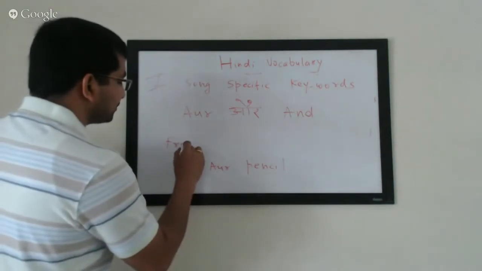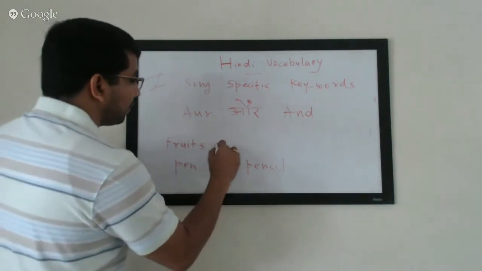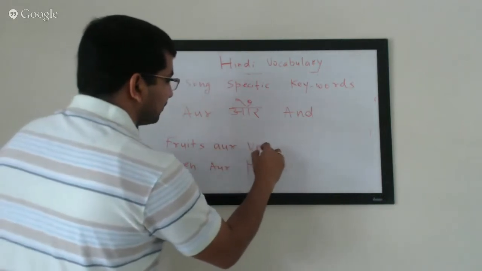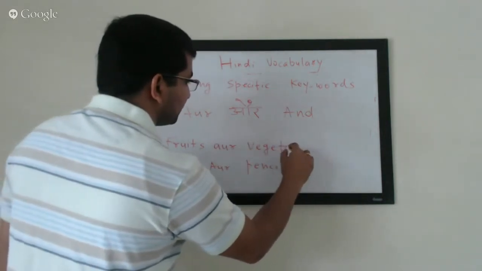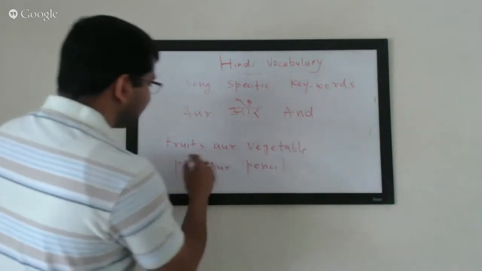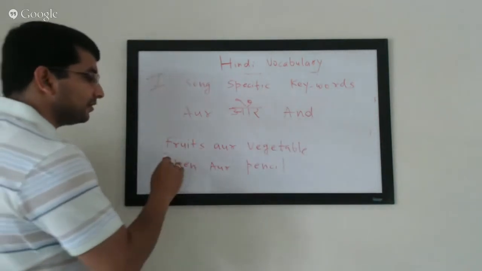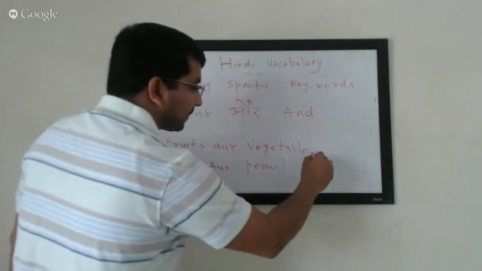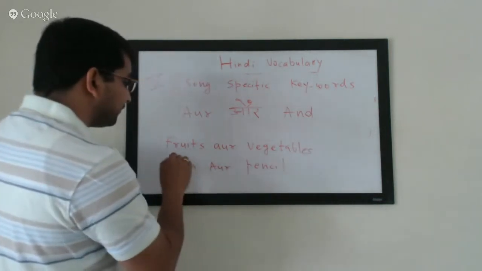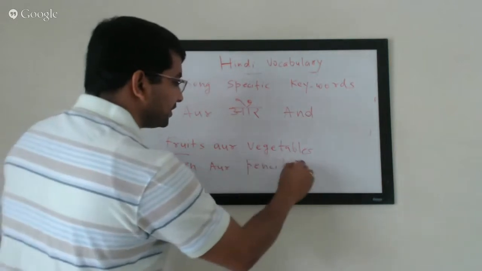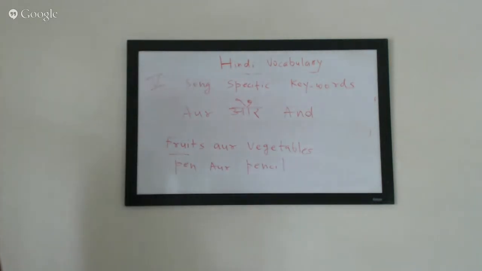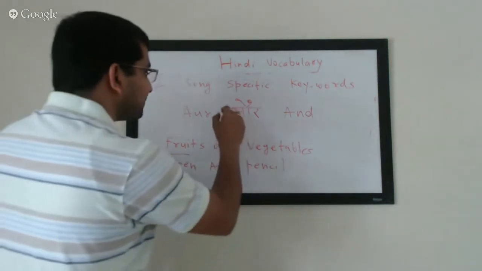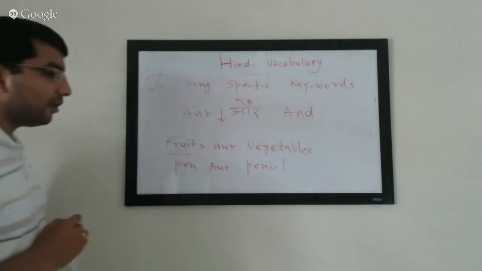So it would be fruits or vegetable. And if you know the Hindi word for each of them, it's even better. Fal or sabjiyan, vegetables. Okay? If it is singular, it's fal or sabji, right? So that's the keyword. Or means and. Fal or sabji, right?